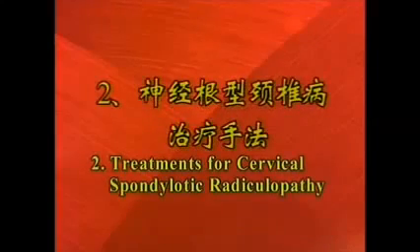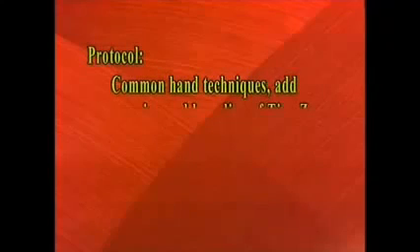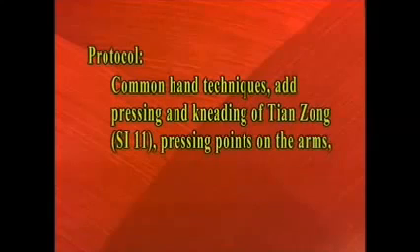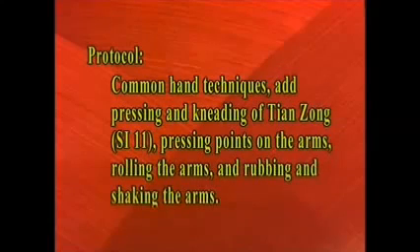Two. Treatments for cervical spondylotic radiculopathy. Protocol. Use common hand techniques plus pressing and kneading of small intestine 11, pressing points on the arms, rolling the arms and rubbing and shaking the arms. A. Use the one-finger scrubbing on the neck. B. Grasp the neck and shoulders.